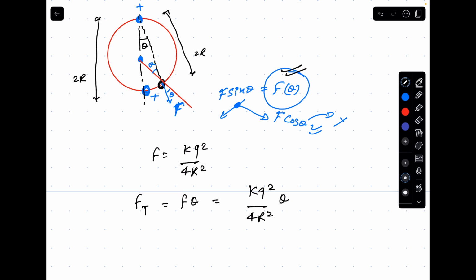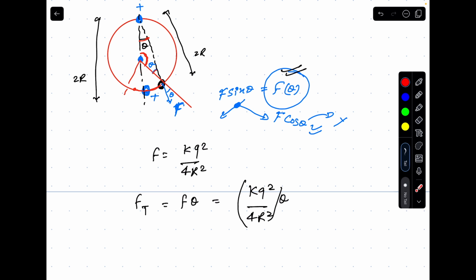Now what to do? We got the restoring force, but it is in terms of theta. So this bead will do angular SHM like this, about this point. Now look, if this is theta, then this is theta, then this angle will be 180 minus theta, isn't it? If this angle is 180 minus theta, tell me, how much is this angle?